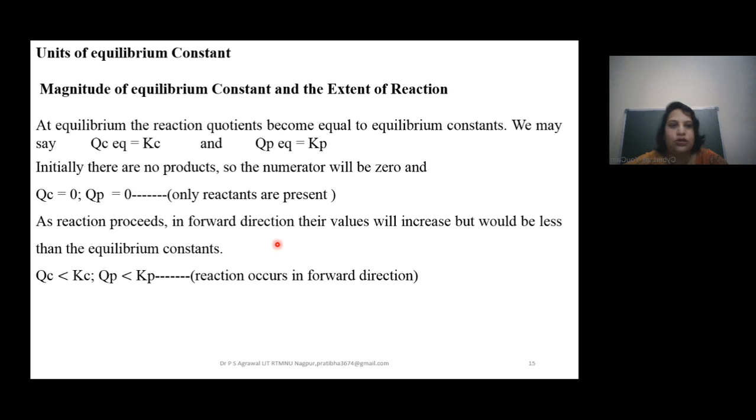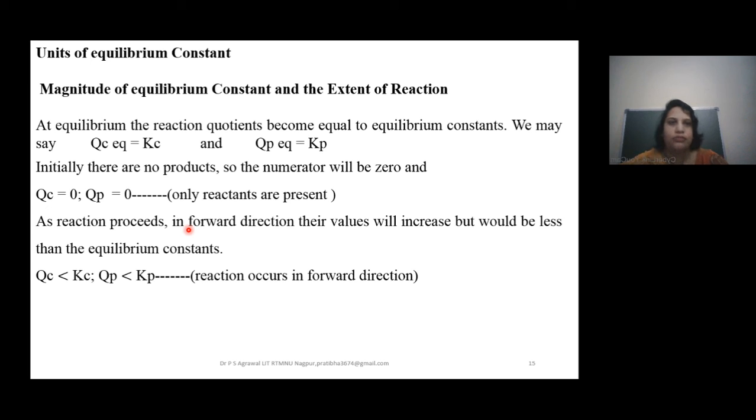A large magnitude indicates that at equilibrium the concentration or partial pressure of products is very high, and the reaction goes nearly to completion. A small magnitude likewise indicates that the amount of products is very small, and practically very little or no reaction occurs. Intermediate values indicate that the concentrations of reactants and products are comparable at equilibrium.